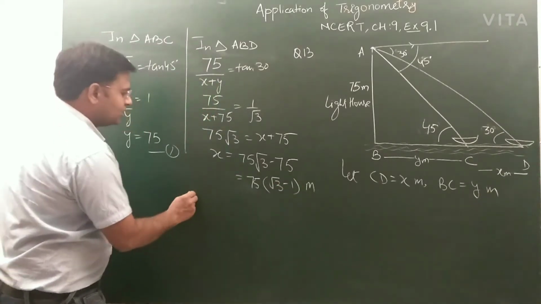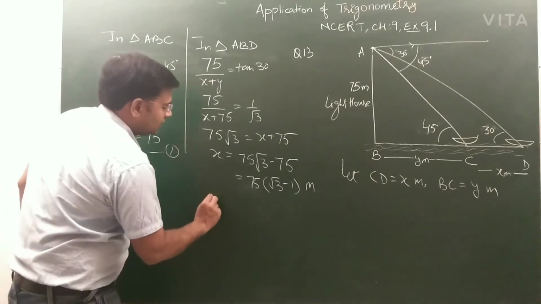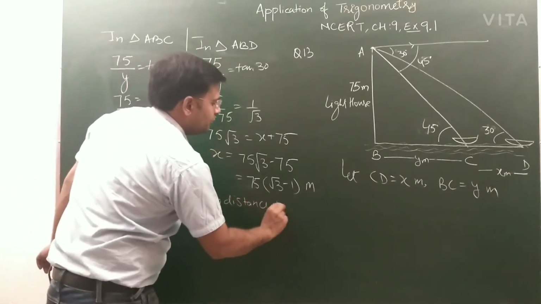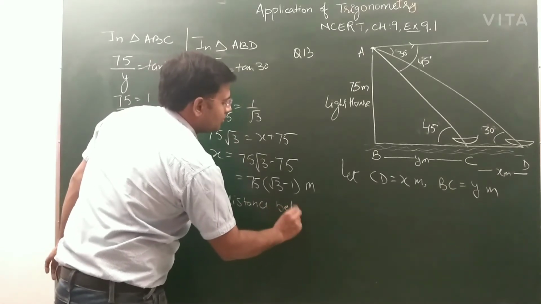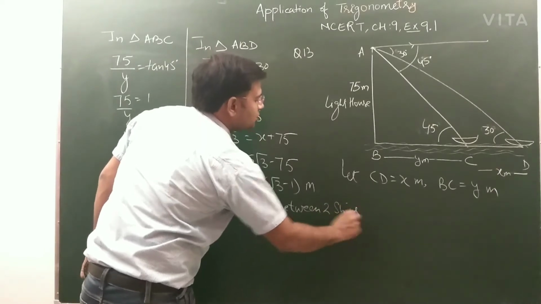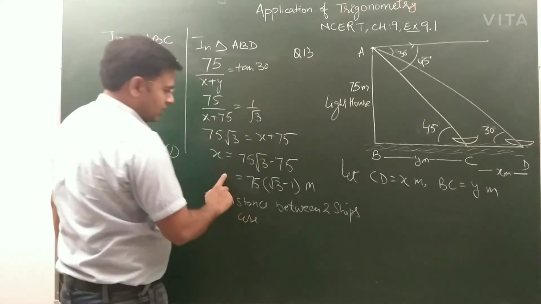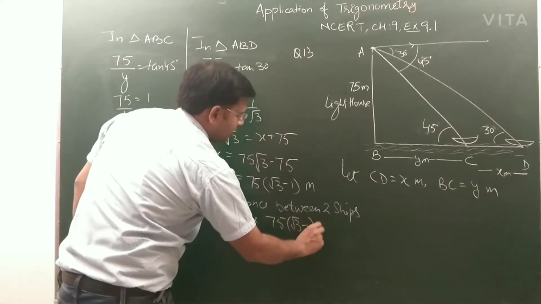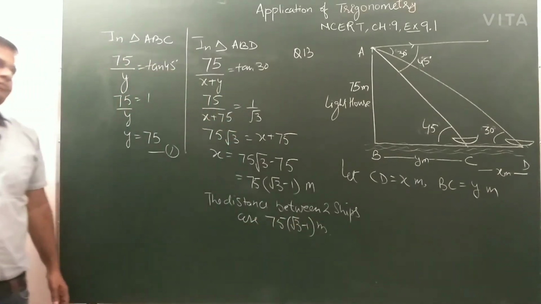So write the final statement that the distance between the two ships is 75 times root 3 minus 1 meters.